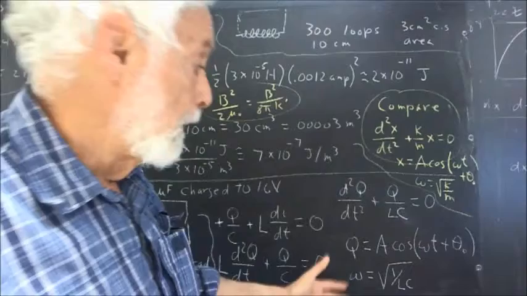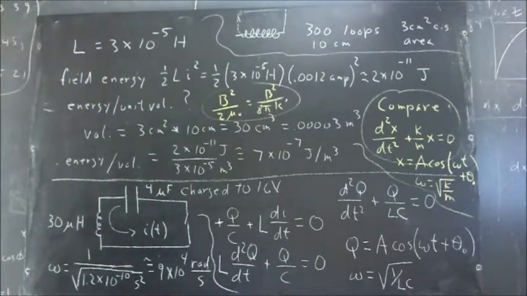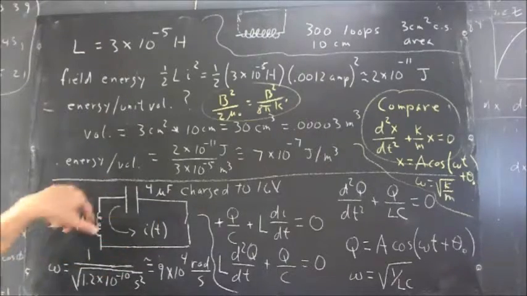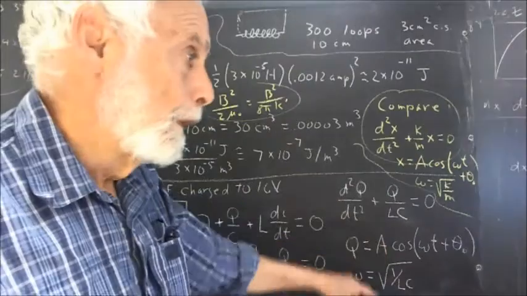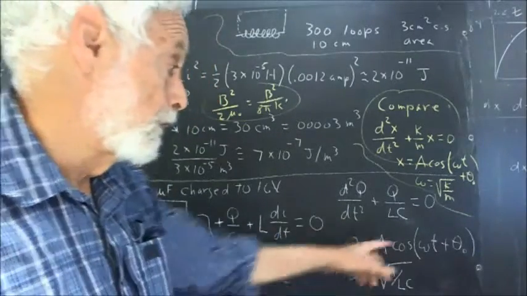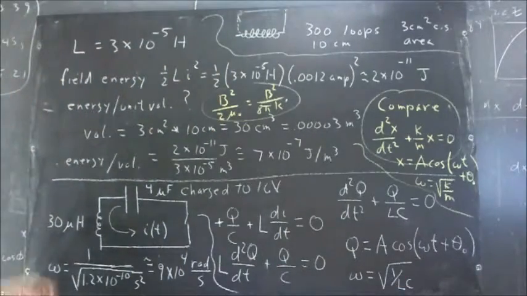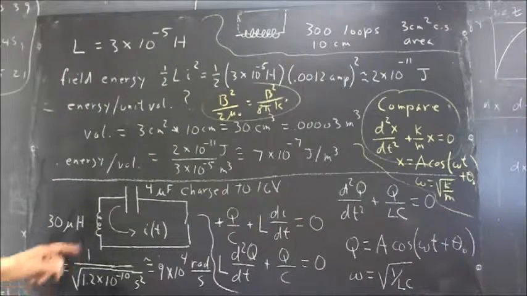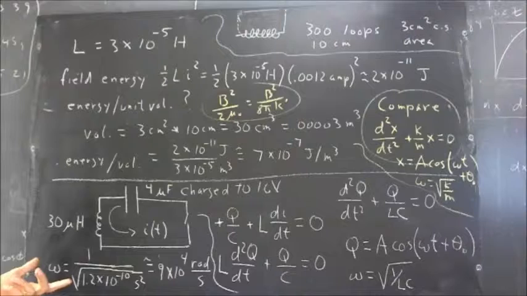All that applies here as well, and we'll get into that. But now the immediate question was, what is the frequency of this oscillation? We see from the differential equation that we have an oscillatory solution, a cosine solution. What's the frequency? Well, the angular frequency is going to be 1 over the square root of LC.